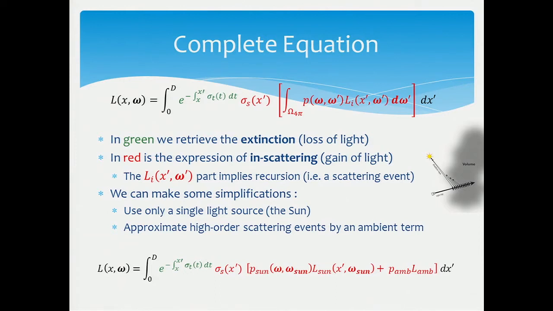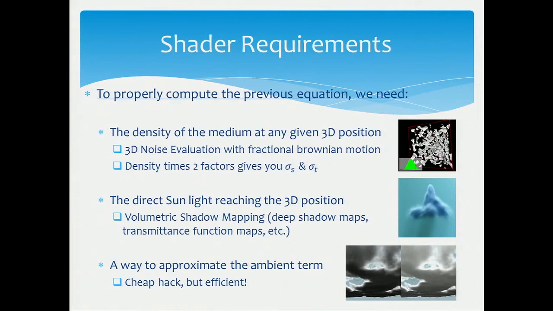And what next? Next, to solve that integral, you need three things. You need to be able to sample the medium at any position to get the density, so you can use a 3D texture or any IQ's secret recipes, and combine this using fractional Brownian motion, which is kind of the best look you can get for clouds from my experience anyway.